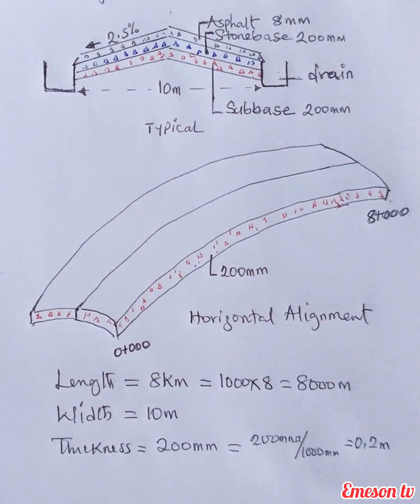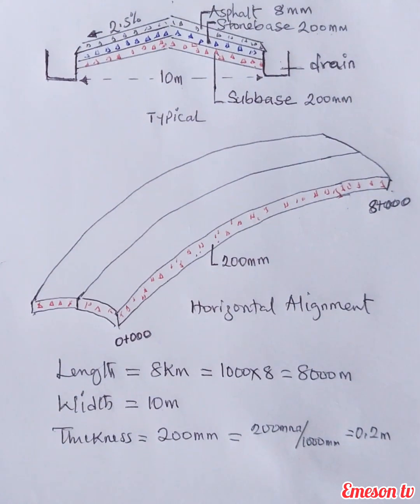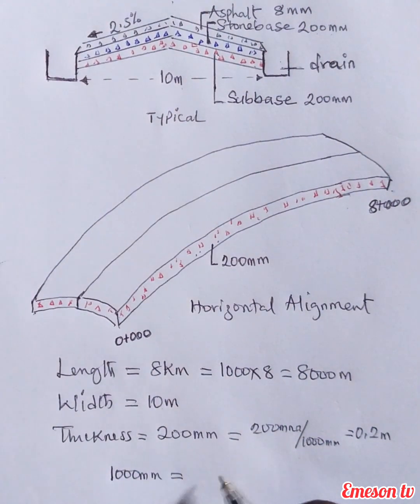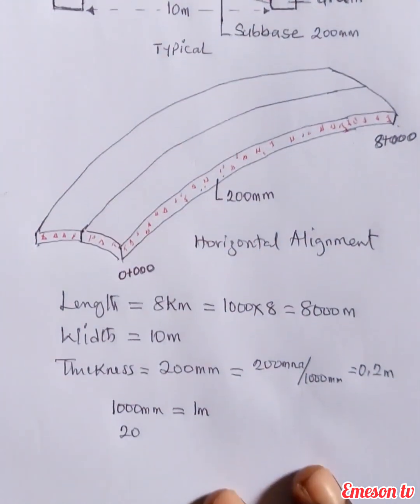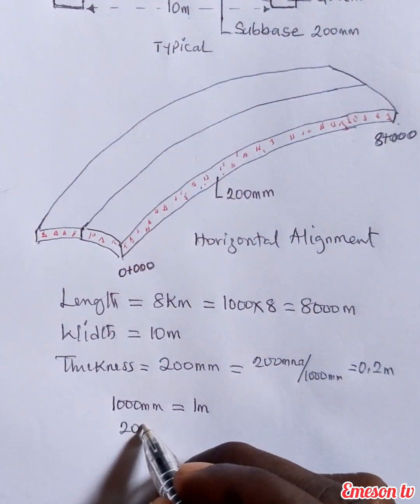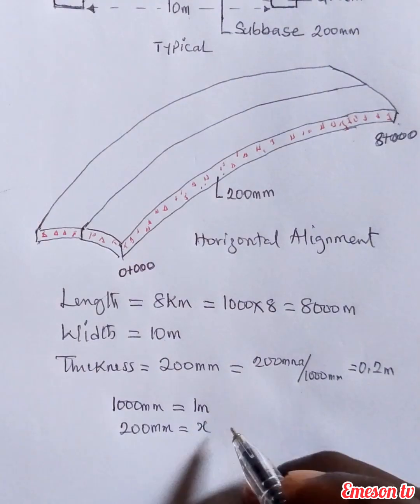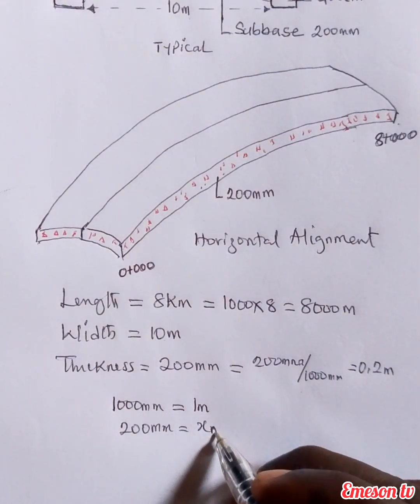Remember, you know that 1000 mm is equivalent to 1 meter. So we have 200 mm is equivalent to what? X meter.